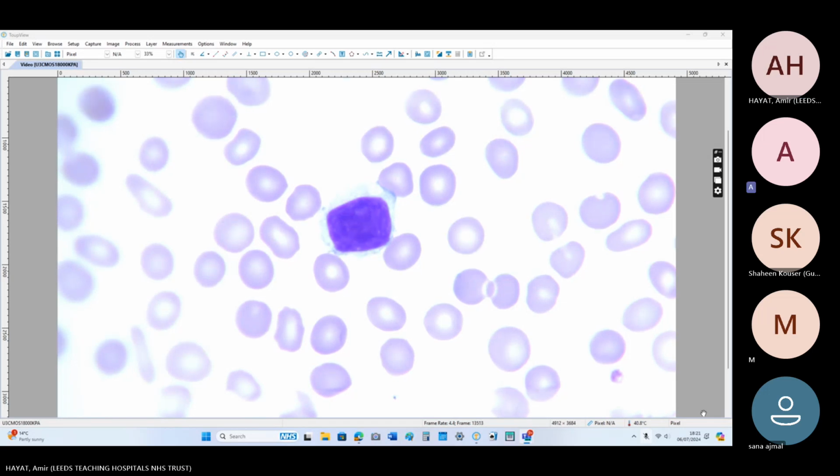Then I want to know about SOX11, whether SOX11 is positive. We did that on a lymph node trephine biopsy. And what about cyclin D1? Cyclin D1 on immunohistochemistry is positive. So this is mantle cell.